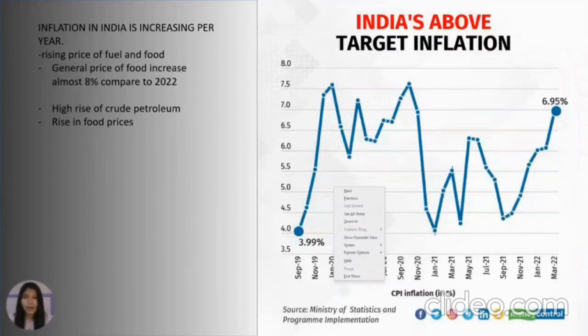This is also a result of the Russian-Ukraine war that has stopped the global supply of natural gas, mineral oil, etc., disrupting the supply and increasing the prices.